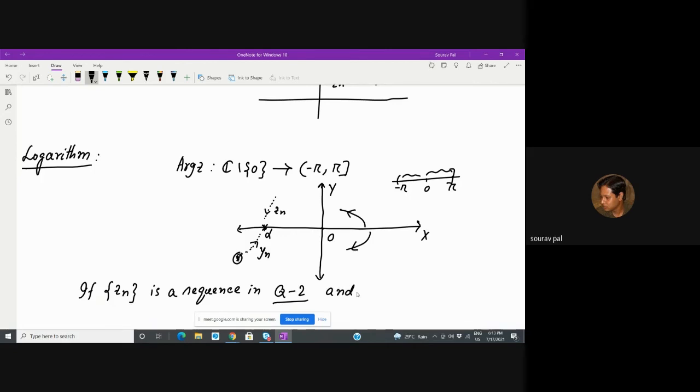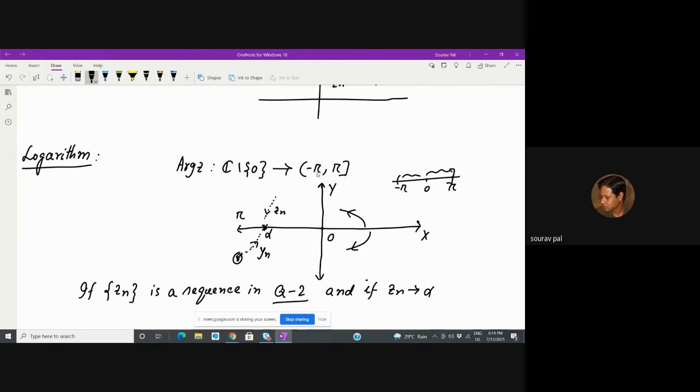And if Zn converges to alpha, what is the argument of alpha? Can you please tell me what is the argument of any point lying on the negative half? You just look at the definition. What it should be? Minus pi or pi? Pi. It is pi. It is not minus pi.